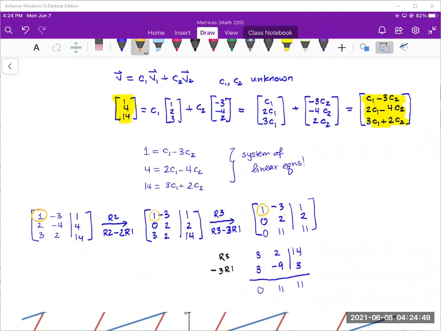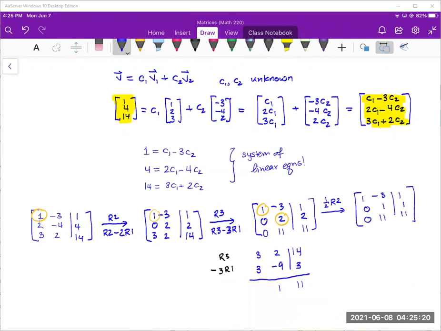So we move down to the next row and look at its leading term. Notice we can divide row 2 by 2. And so we have 1, -3, 1, 0, 1, 1, 0, 11, 11. And subtracting 11 copies of row 2 from row 3, we see we'll have a row of all zeros.